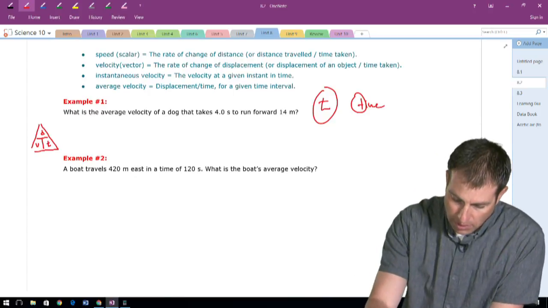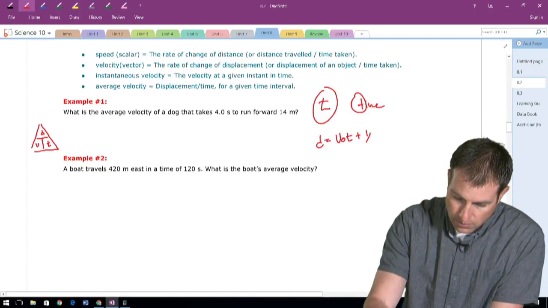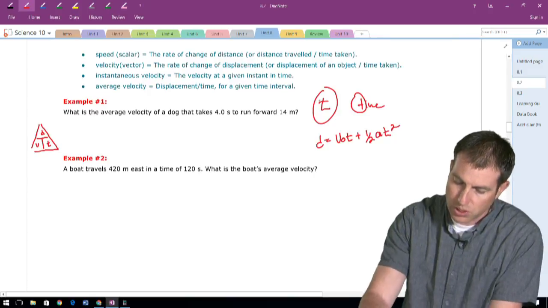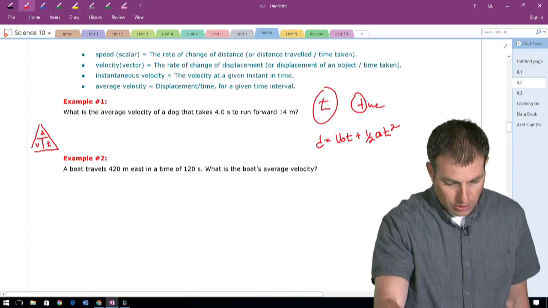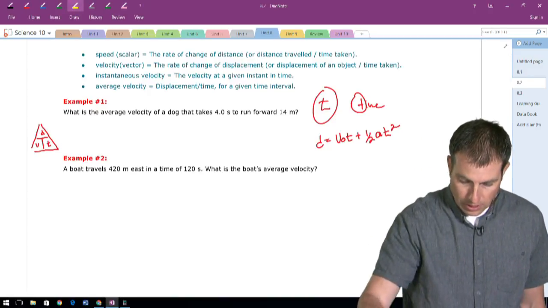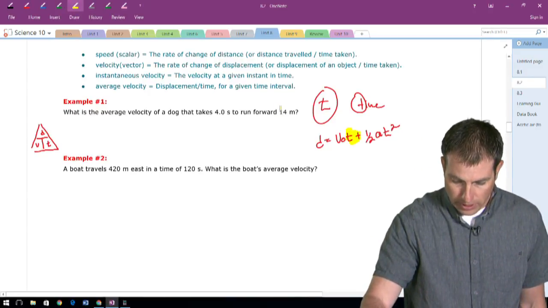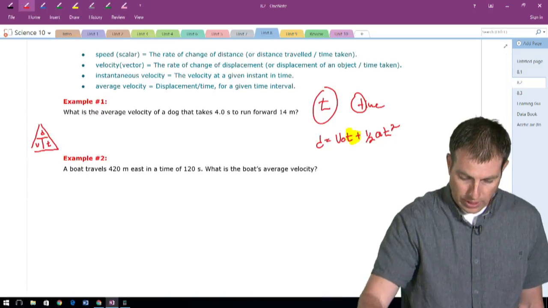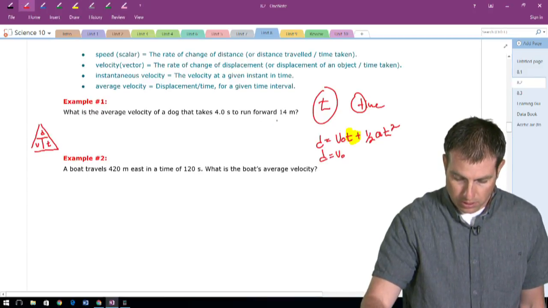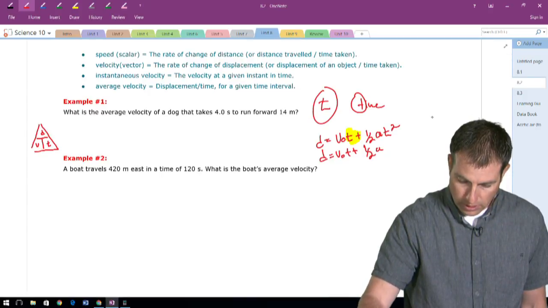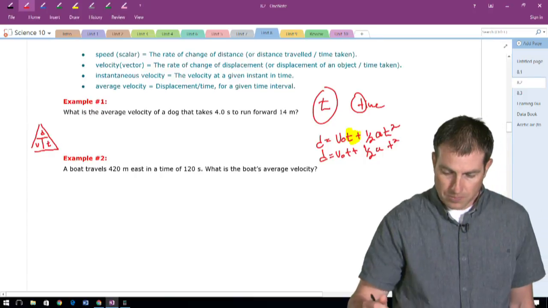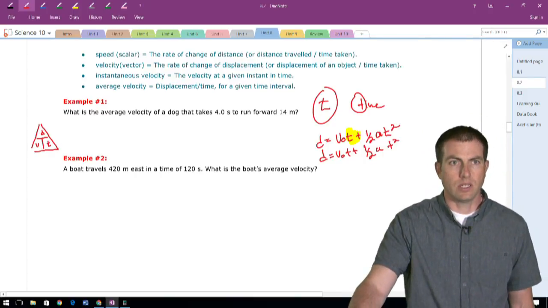And I'll give you an example. This is an equation you won't see until physics 11, but in this equation, right here, you have the letter T and a plus sign right next to each other. So if you wrote it as d is v naught t plus 1/2 a t squared, things start to get really confusing.